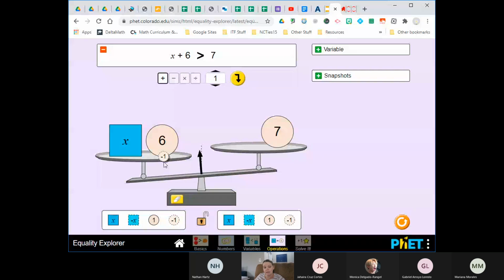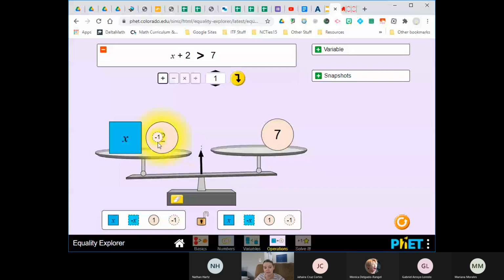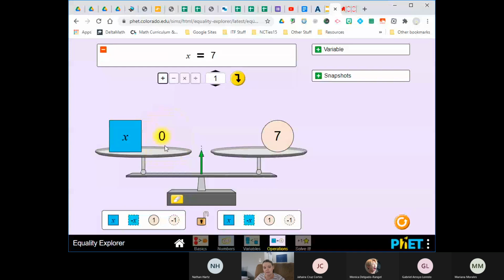So to balance this out, I need to subtract 6 from this side as well. And when I subtract that 6, my two sides balance out. I can see that in that equation, x is equal to 7, because I'm left with x on this side and 7 of the original 13 on this side.